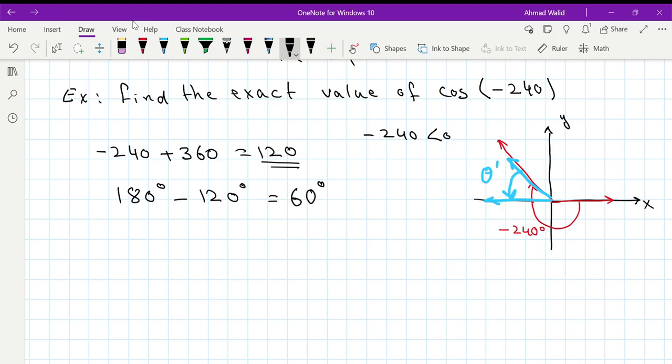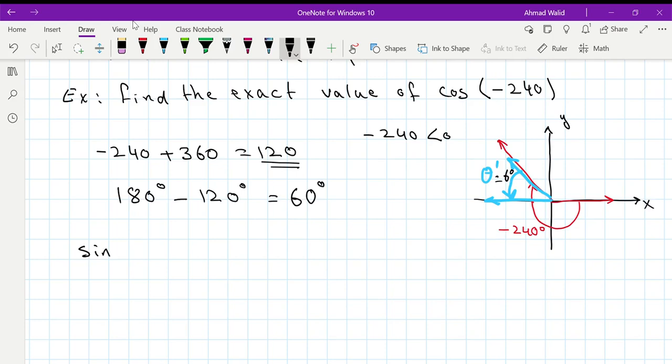We already know your theta prime is 60 degrees. And we can use our table, which we did in 2.1, and write down the trig functions and fix the sign only. Correct? Then I can start this way.